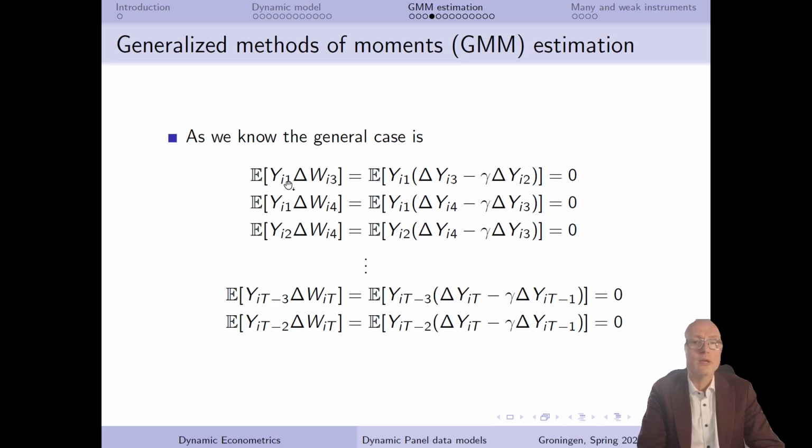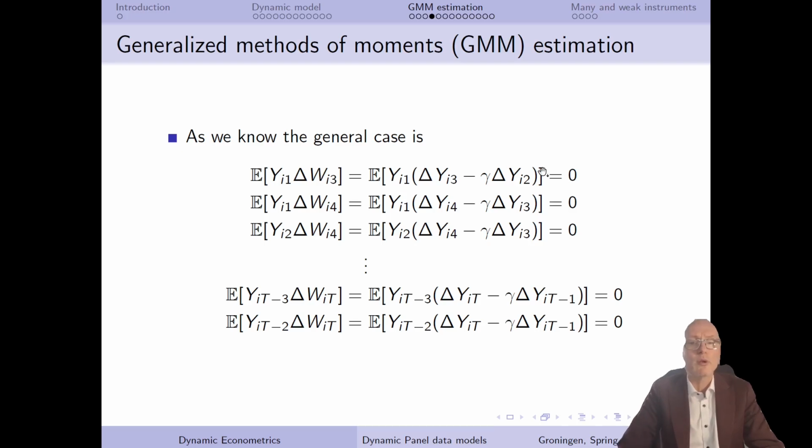So therefore we can only relate this now to y_i1. So we get this moment restriction over here, the mean of y_i1 multiplied by delta w_i3 must be equal to 0. And if we substitute in the fact that delta w_i3 is equal to delta y_i3 minus gamma delta y_i2, well, then we get this moment restriction that we have over here.